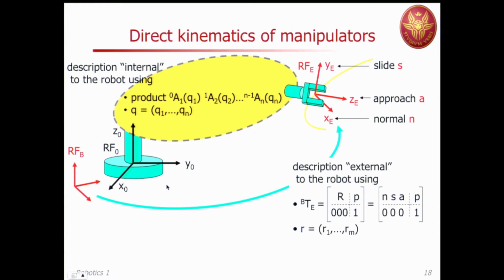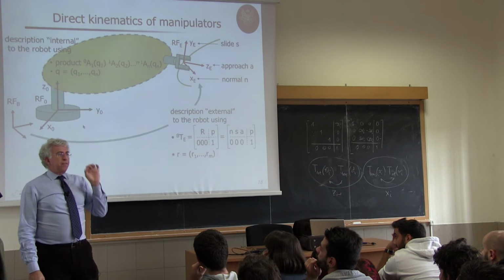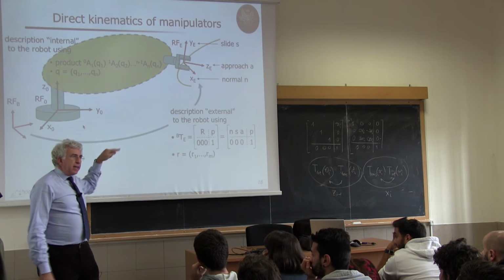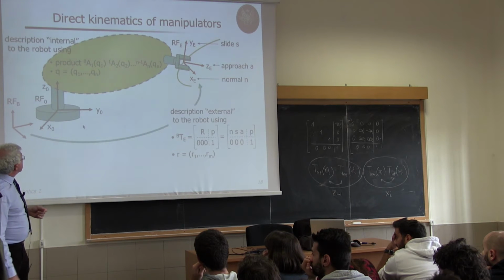placed according to the rules. And so for the robot, I'm characterizing its configuration with n variables, q1 to qn, because there are n joints. And now I know how I choose these variables, because this will be either theta_i if joint i is revolute, or d_i if the joint is prismatic, defined as in the rules, notation and convention of Denavit-Hartenberg.